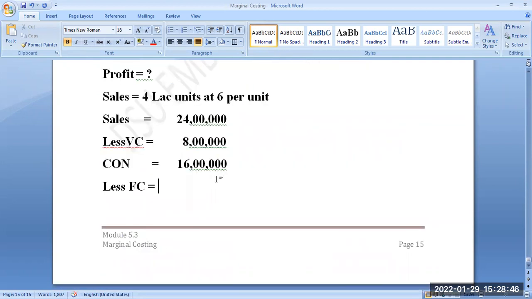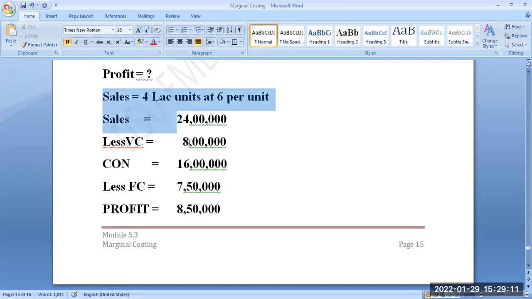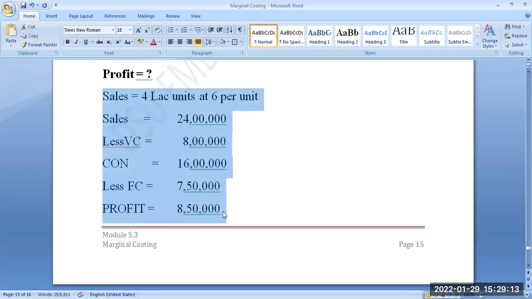So profit will be equal to 8,50,000, that is 8.5 lakhs.